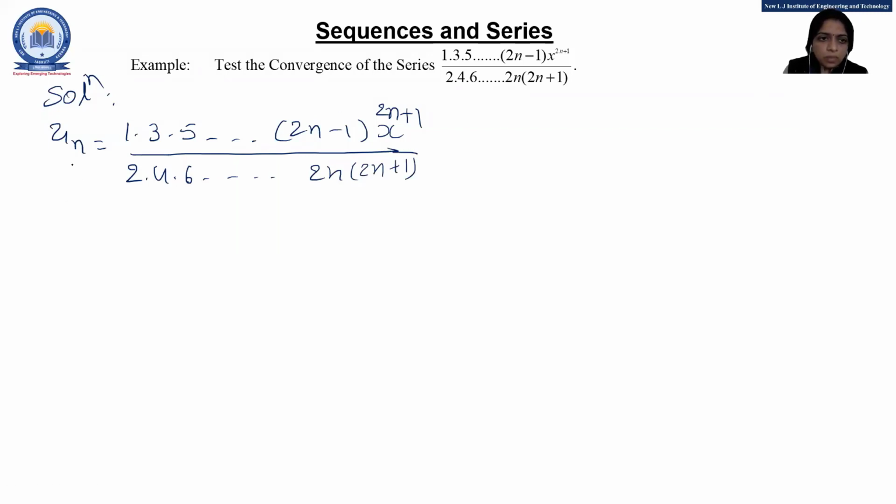From nth term, I am writing my n plus 1 term: 1.3.5 up to 2n minus 1.